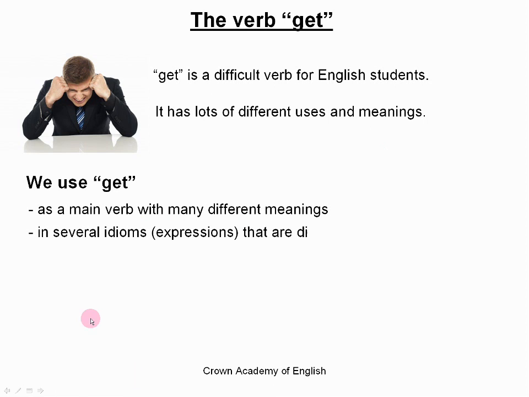Also, we use get in several idioms or expressions, and they are difficult to translate literally. Okay, we cannot translate each individual word. We have to translate it as an expression, and so that can cause confusion.